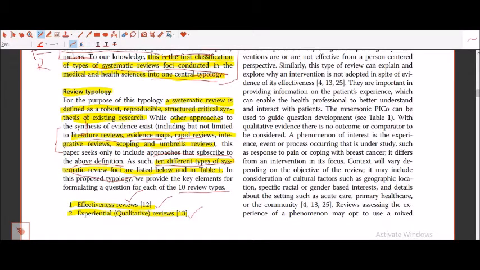Then apart from that, you have cost and economic evaluation reviews, prevalence or incidence reviews, diagnostic test accuracy reviews, etiology or risk reviews, and expert opinion and policy reviews. Here I'm talking about this: if you have said that in my pilot study I have given my questionnaire to the person, that is expert opinion.